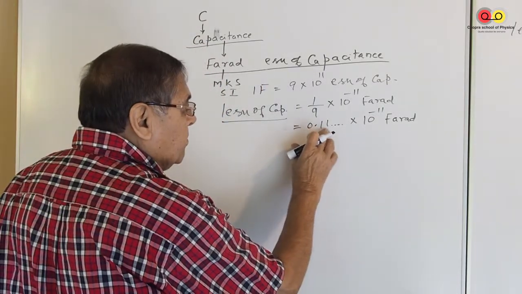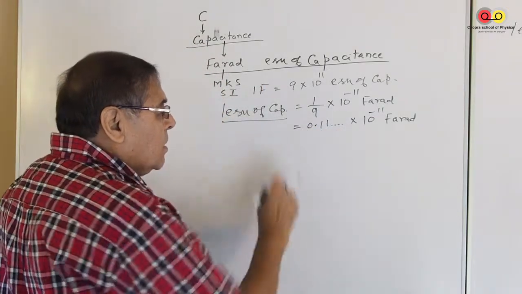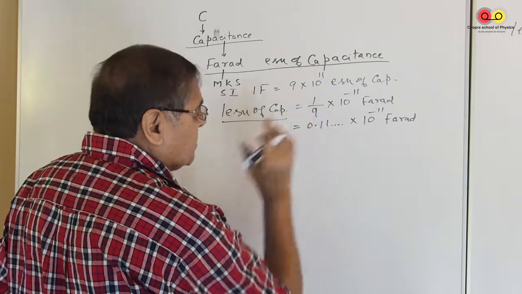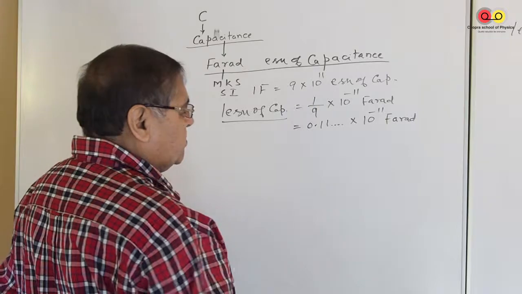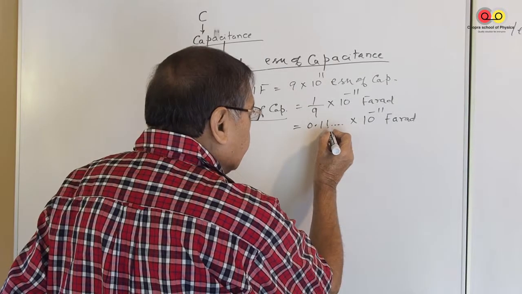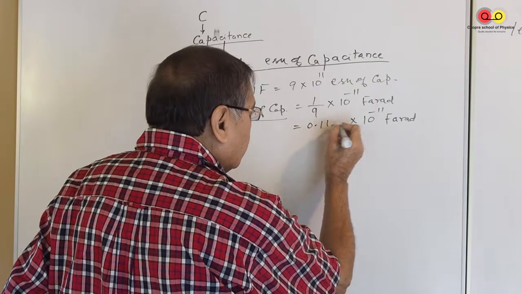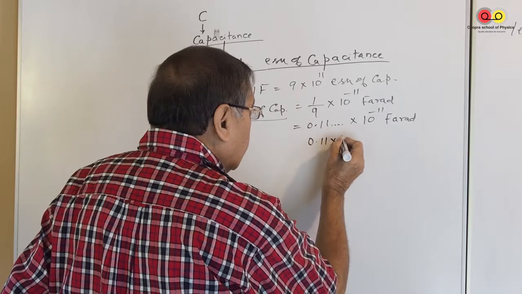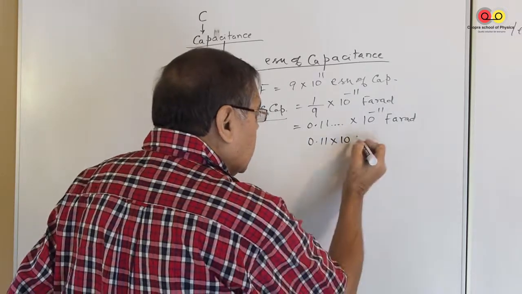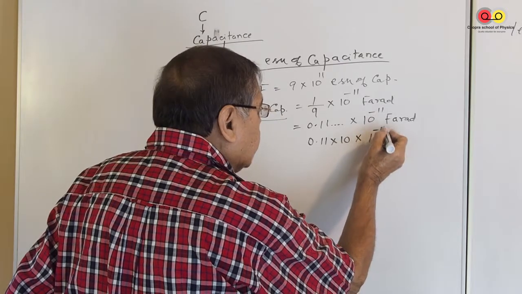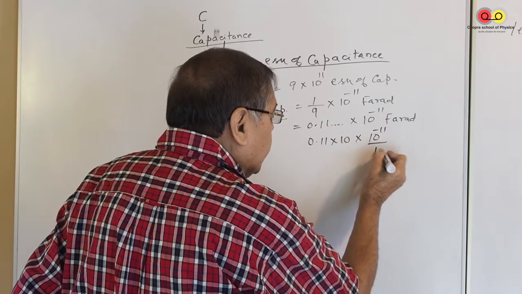Now this 0.11 unending number, put this decimal towards the right side, one decimal place. So better is to multiply this number by 10. So what we are doing? 0.11 multiplied by 10 and then 10 to the power minus 11 divided by 10.